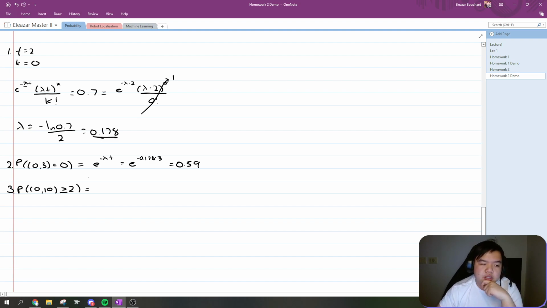To solve this, we have 1 minus the probability of 0 to 10 being equal to 0, and minus the probability of 0 to 10 being equal to 1.